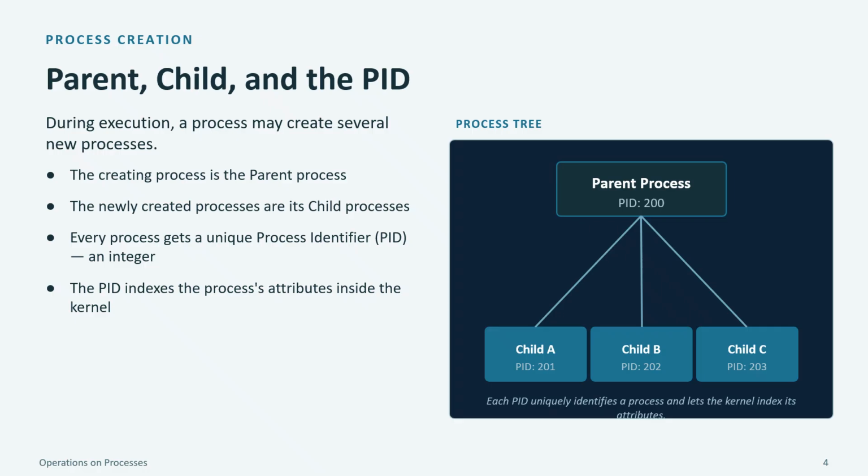The kernel uses the PID to identify the process and access its associated process information. So, remember, this is an important point. Every process has a unique process ID or PID, and processes created by other processes form a hierarchical structure called process tree.